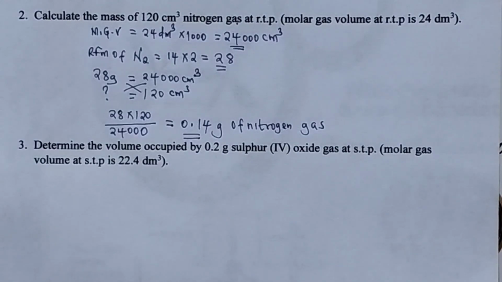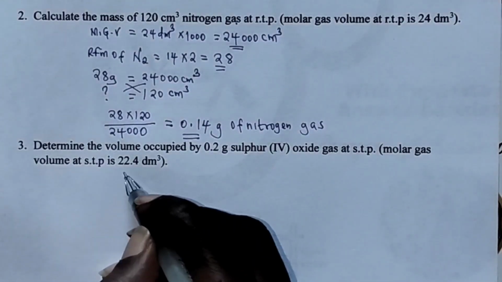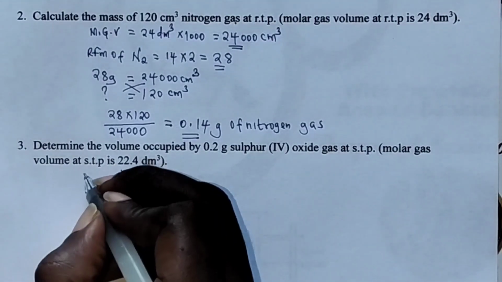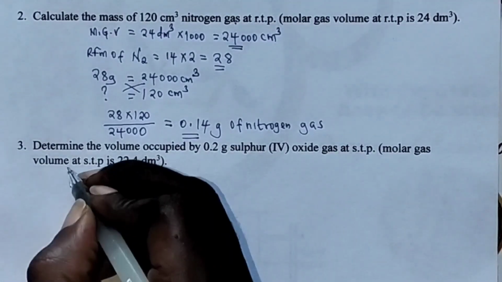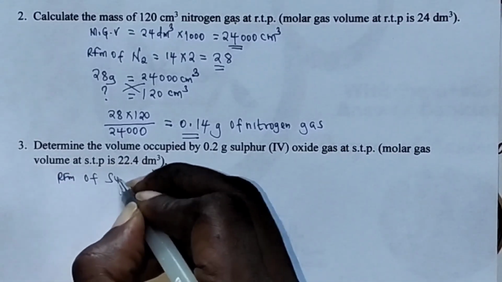We are told to determine the volume occupied by 0.2 grams of sulfur peroxide gas at STB, that's the standard temperature and pressure, and the molar gas volume given there is 22.4 decimeter cube. So we can say, what is the RFM of sulfur peroxide?